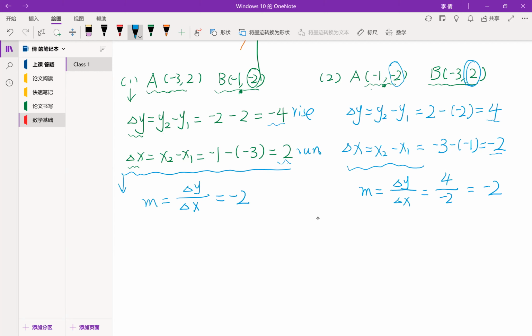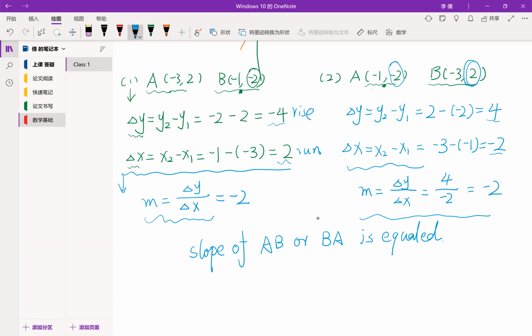The increments between these two exercises are different, but the slope is equal. The slope of the line is equal. So the slope of the line AB or BA is equal, right?